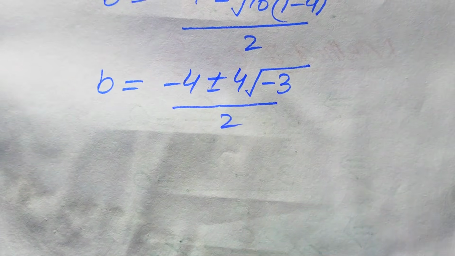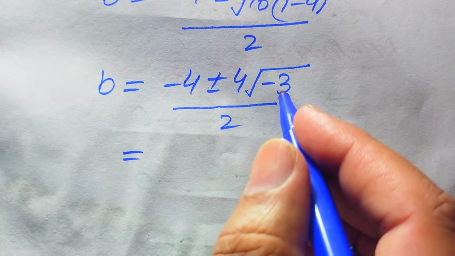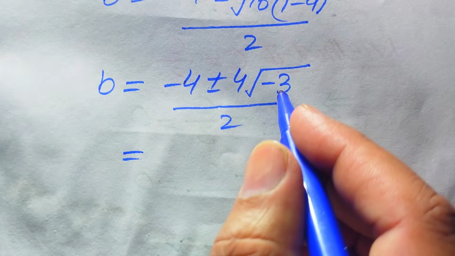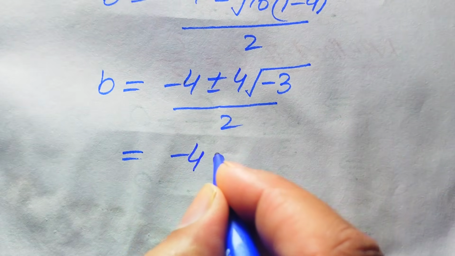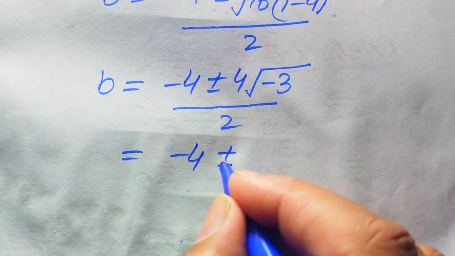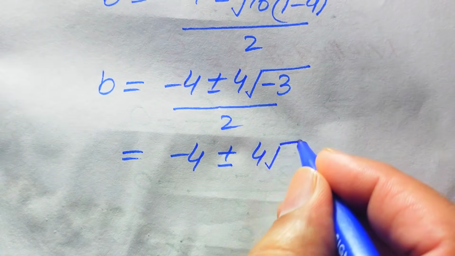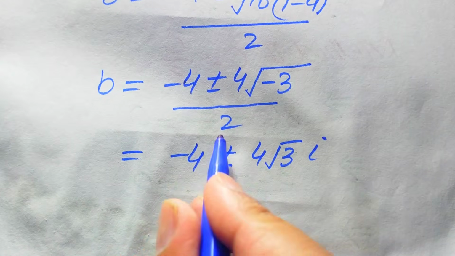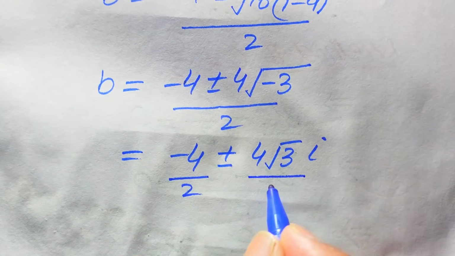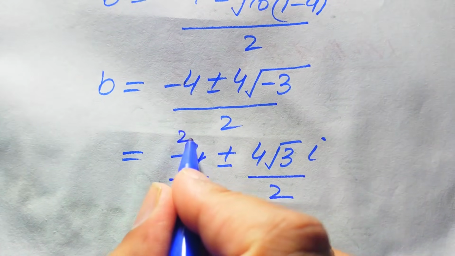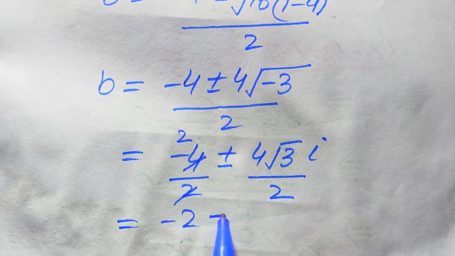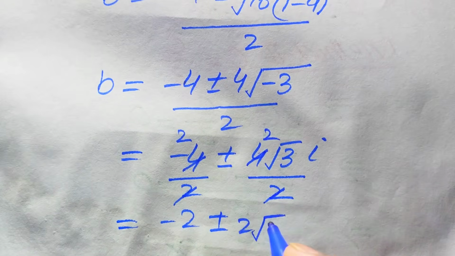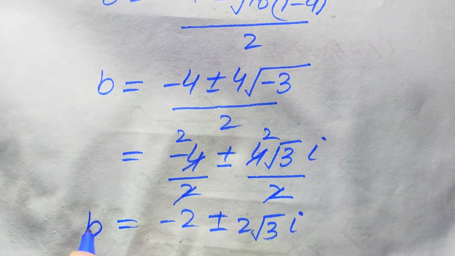Inside the square root sign we have a negative sign, and when a negative sign appears inside the square root, it becomes iota, and we get minus 4 plus minus 4 times square root of 3 times iota. Further, we break this fraction and divide both values by 2 times 2, which becomes 4, and we obtain minus 2 plus minus 2 times square root of 3 times iota.